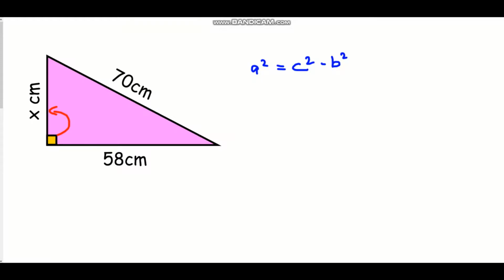My second step is I'm going to substitute in the numbers that I know about. So a squared is going to become x squared because that is the side that I'm trying to find. C squared is the longest side, so that's going to become 70 squared. And b squared is the other side that is smaller, that's 58 squared.